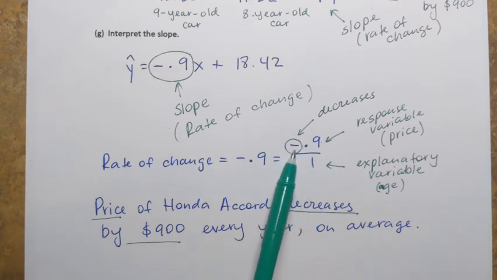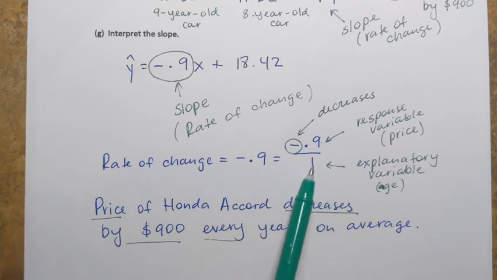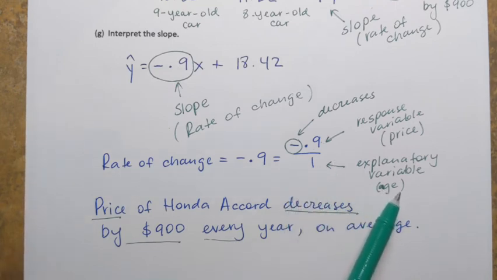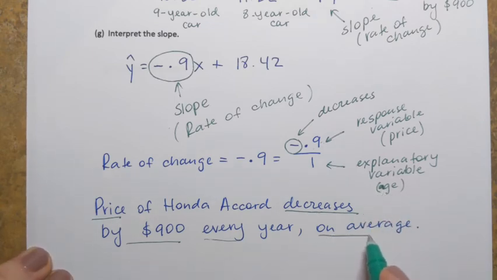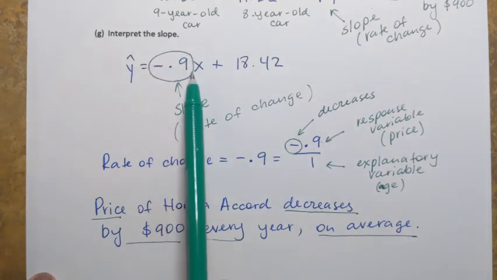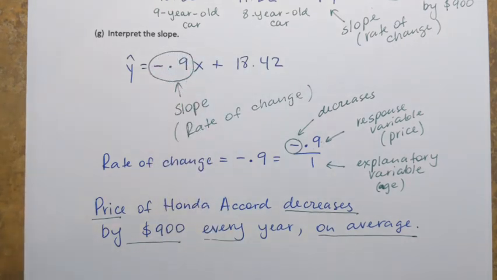Decreases or increases will be the sign, positive or negative. Then here it's going to be 1, but units will be different: every year, every mile, and so on. And then you're also going to always say on average, because it's the average rate of change. So that's how we interpret the slope, or the value that stands in front of x in the regression equation.